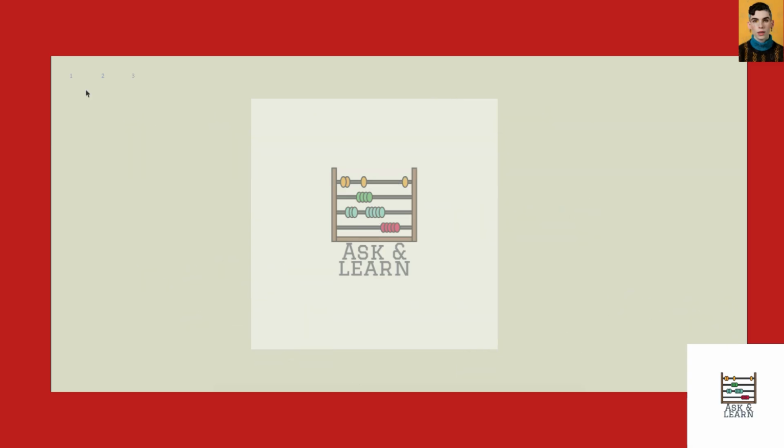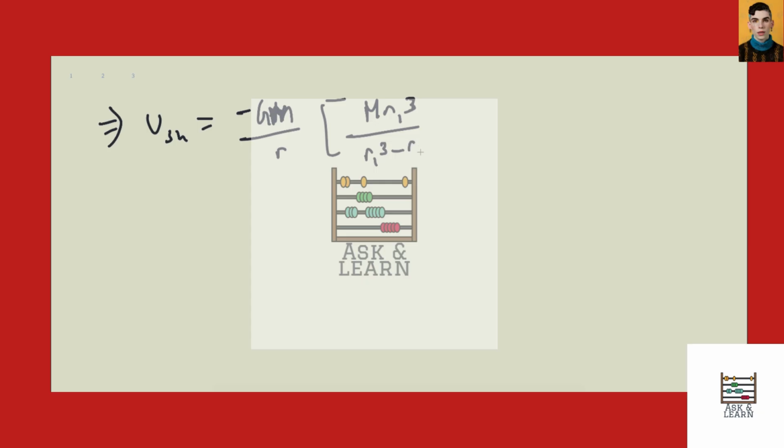And so we plug those in from before, and you get U shell equals negative G times small m over R times (M R1 cubed over R1 cubed minus R2 cubed minus M R2 cubed over R1 cubed minus R2 cubed).